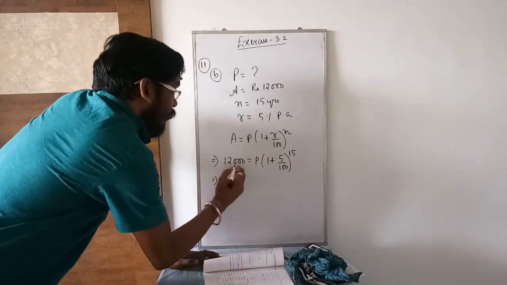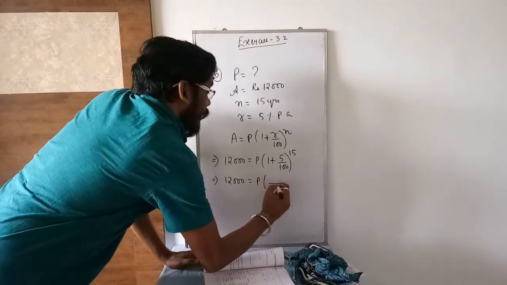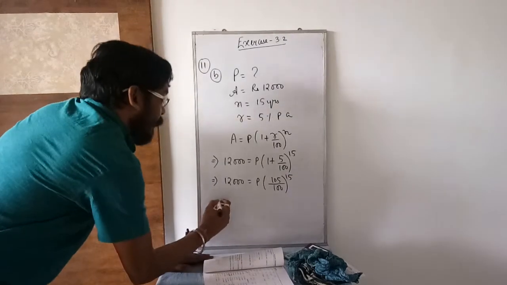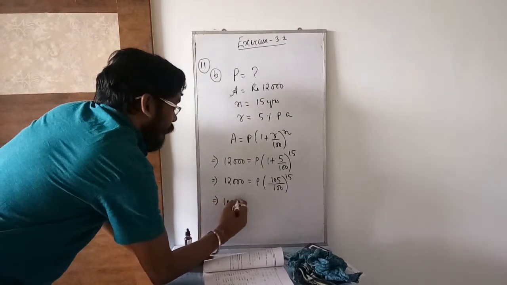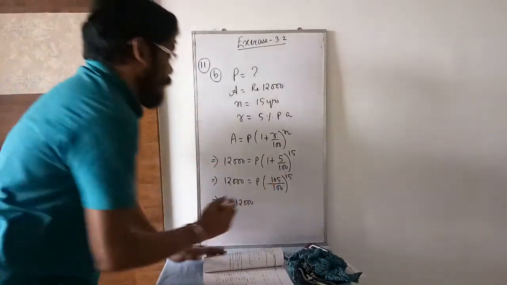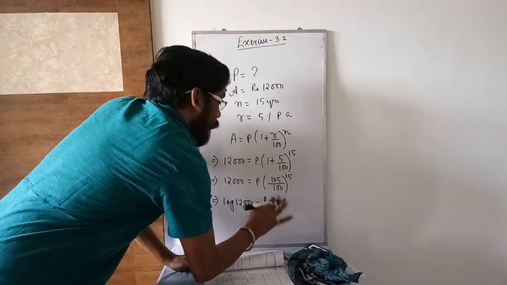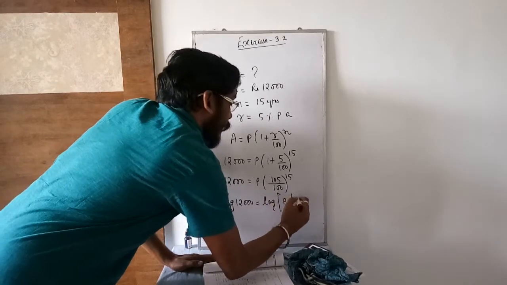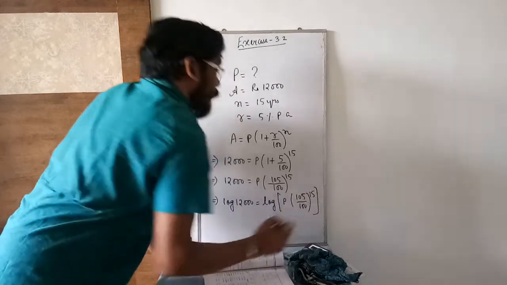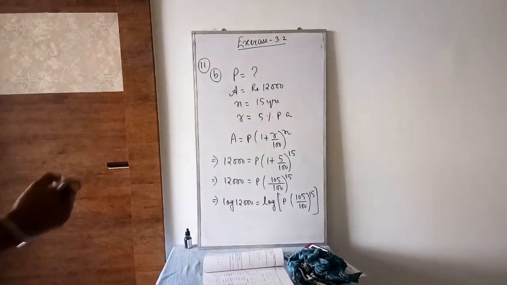So 12,000 equal to P into 100 plus 5 whole to the power 15. To solve it quickly, I will take log on both sides, because if I go to break it, it will be a long one. The power is 15. Here it is log P, then 105 by 100 whole to the power 15. Between P and this bracket there is no sign, which means the multiplication will become plus, which I will write now.